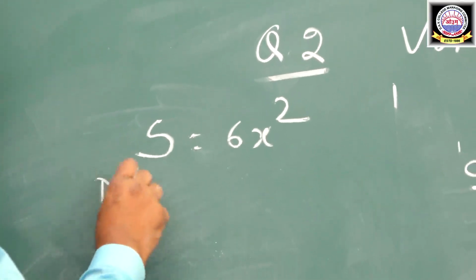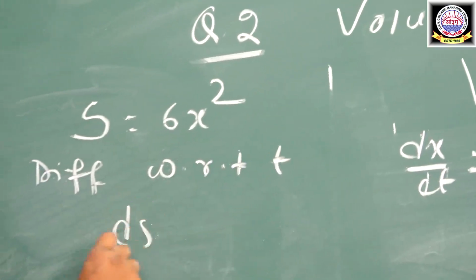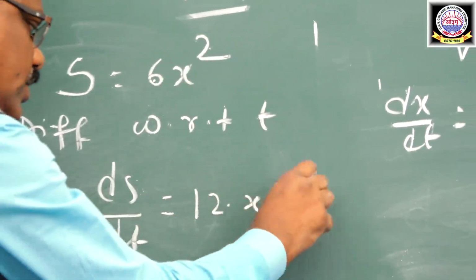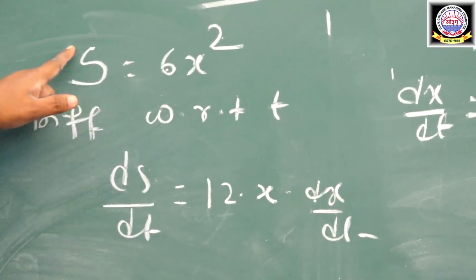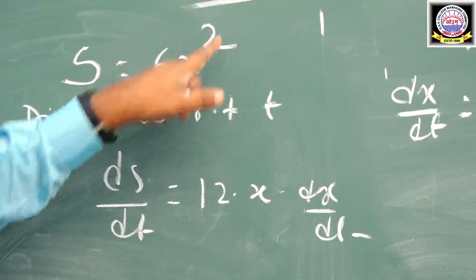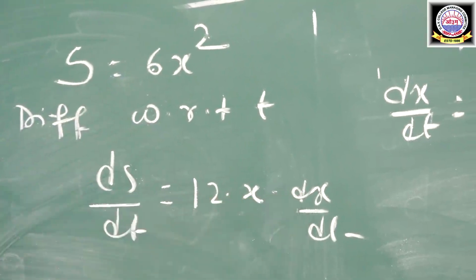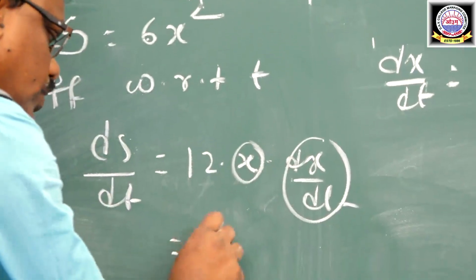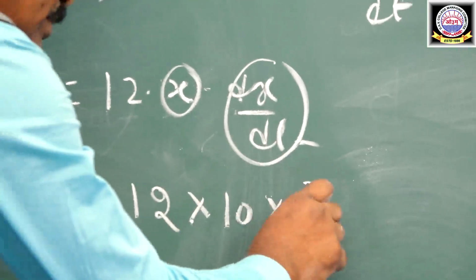So, differentiate with respect to t. dS by dt equals 6 into 2x into dx by dt, correct? Derivative of S with respect to time: 6 is there, x square derivative is 2x, 2 into 6 I wrote directly as 12, x dx by dt. The value of dx by dt is given, the value of x is given, put the values. So, 12 into x, which is 10, into 3 by 100.